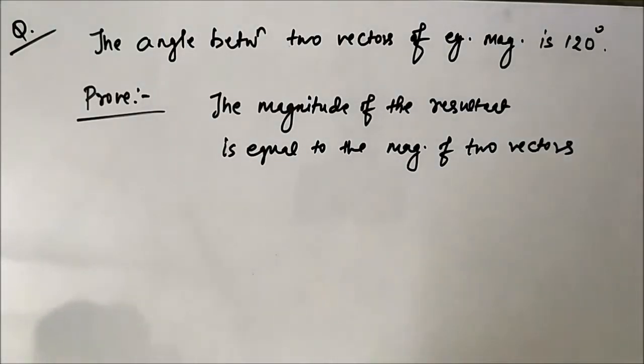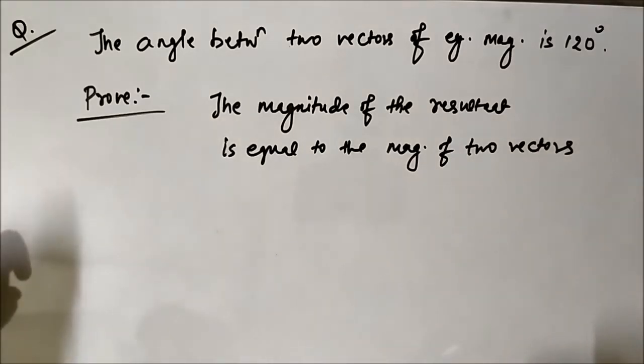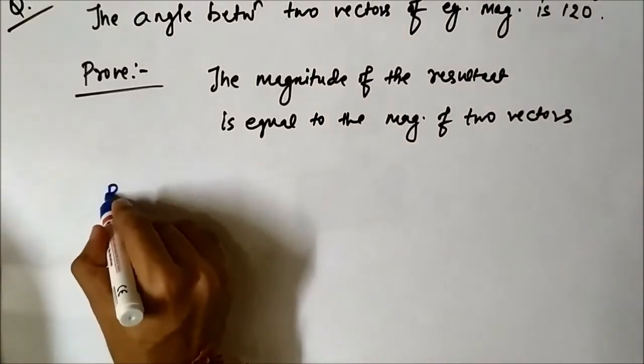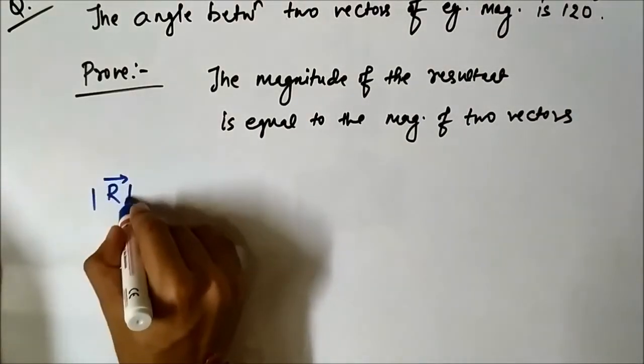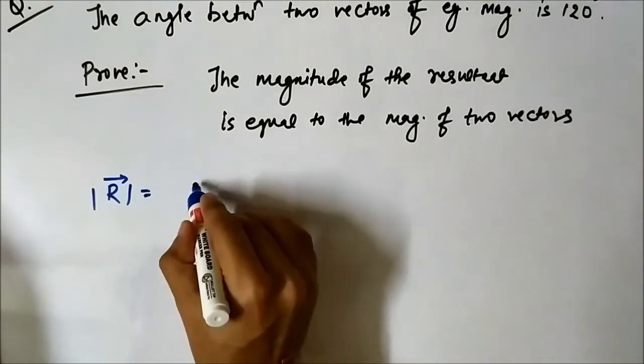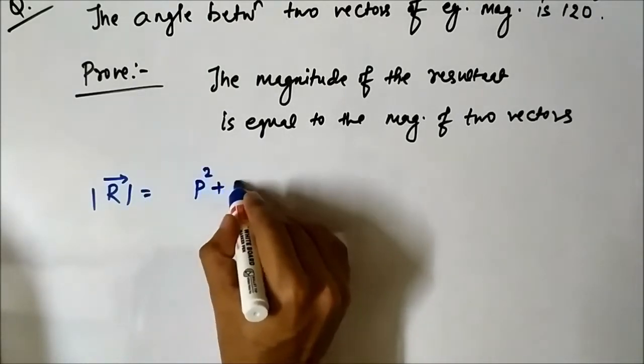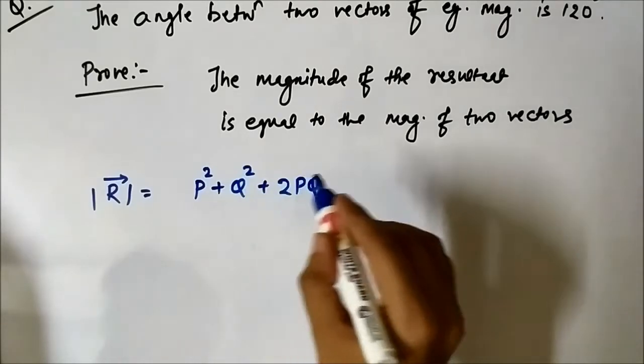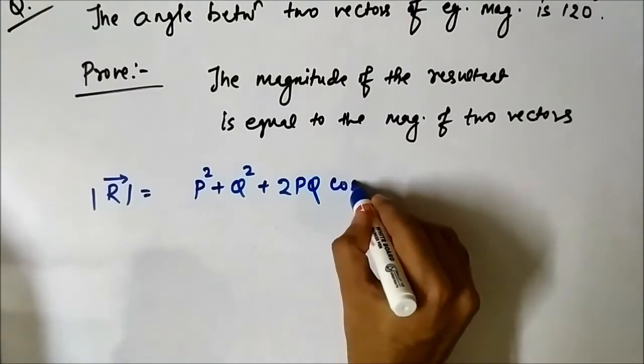So basically we have to use the formula for the magnitude of the resultant vector, which is this: the resultant magnitude is equal to the square root of p square plus q square plus 2pq cos theta.